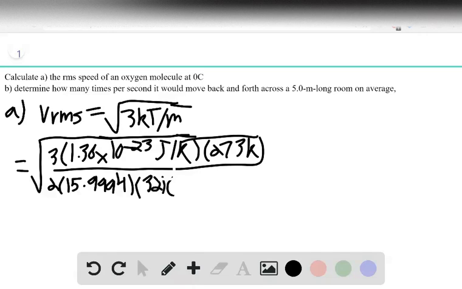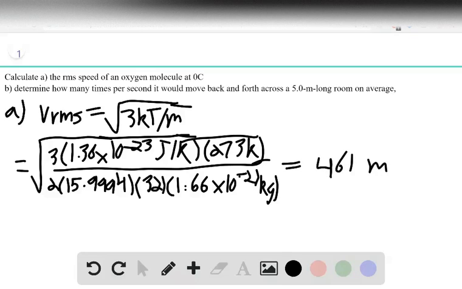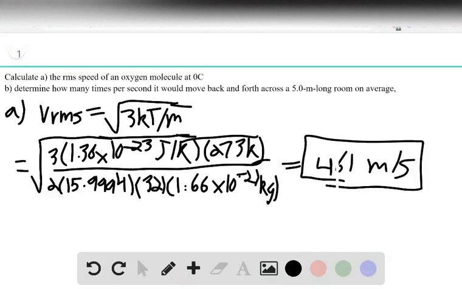And we have to convert to 1.66 times 10 to the minus 27 kilograms, so that's to change from atomic mass units. That's going to give us a speed of 461 meters per second. That's the answer to part A.